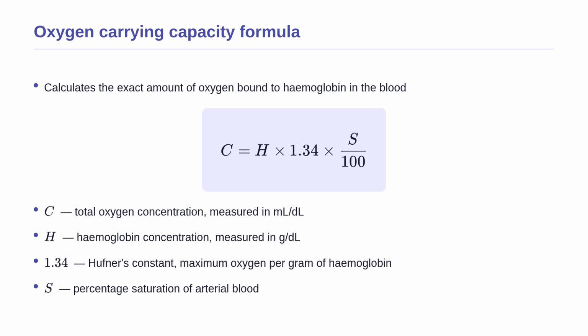H stands for the concentration of hemoglobin in the blood. The number 1.34 is Höfner's constant, representing the maximum milliliters of oxygen 1 gram of hemoglobin can hold. Finally, S is the percentage saturation, telling us what fraction of the available seats are actually occupied. If hemoglobin drops, total oxygen drops significantly.